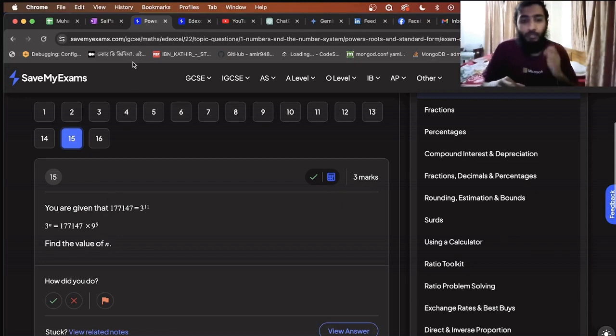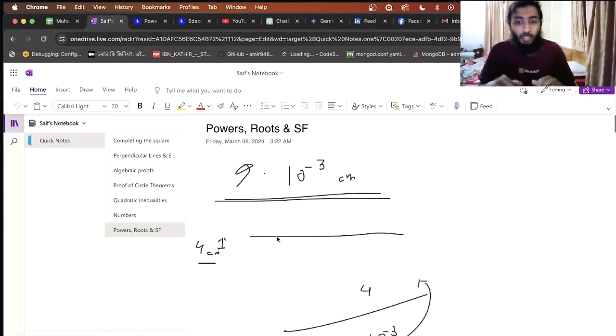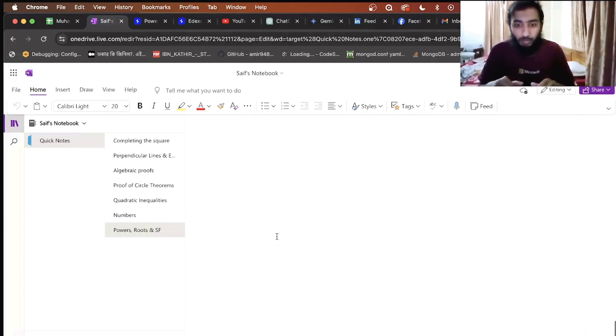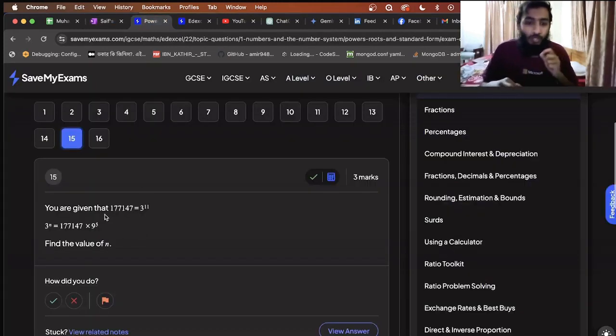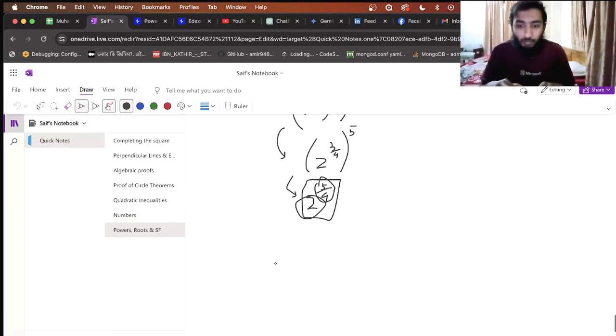You have to find the value of n. So if I open my notepad and use my pen tool, this is the provided information: 177147 equals 3 to the power 11.